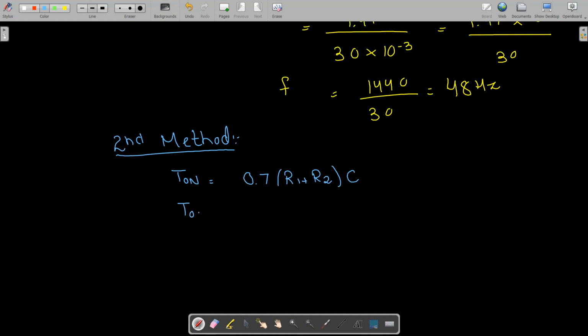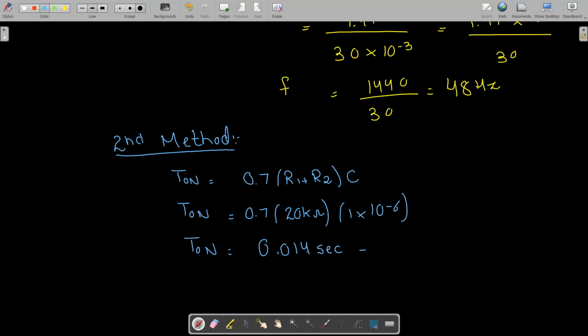So we have T on is equal to 0.7, R1 is 10 kilo ohm, R2 is also 10 kilo ohm, so this is 20 kilo ohm, multiplied by the capacitance, which is 1 multiplied by 10 raised to power minus 6. Fine. So we are going to have T on is equal to 0.014 second, which means that 14 millisecond.